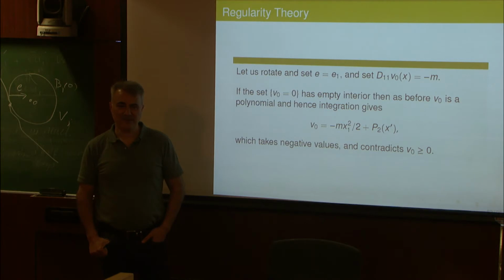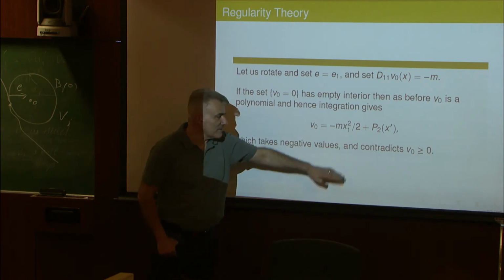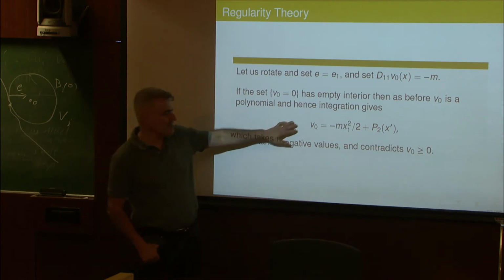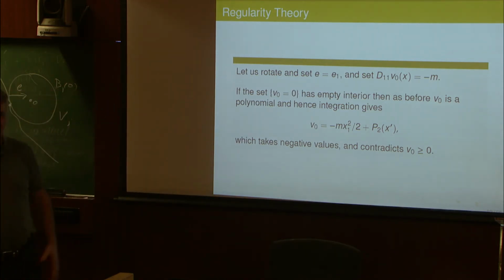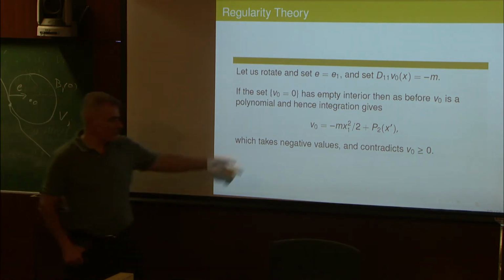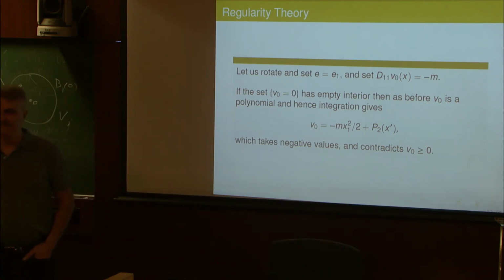So what happens? Is this possible? So work out the contradiction with that v0 is non-negative. But actually it's easier in this case because we have already a sign here for that. So we already have a sign for v0, so these two do not match. Okay?